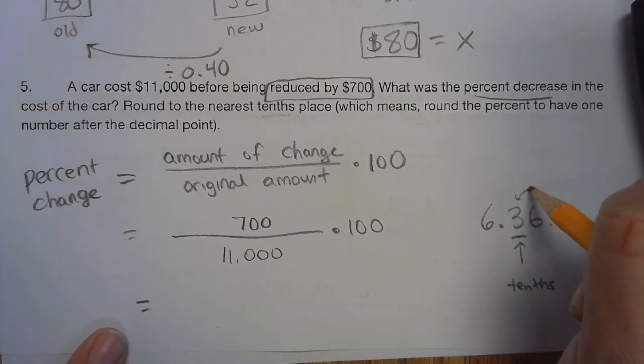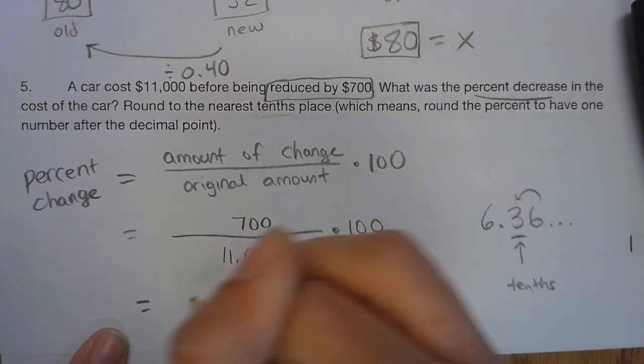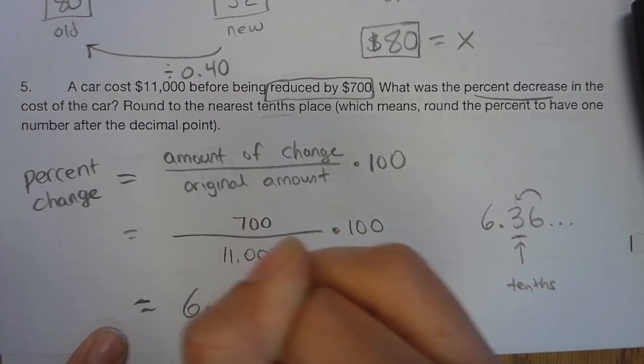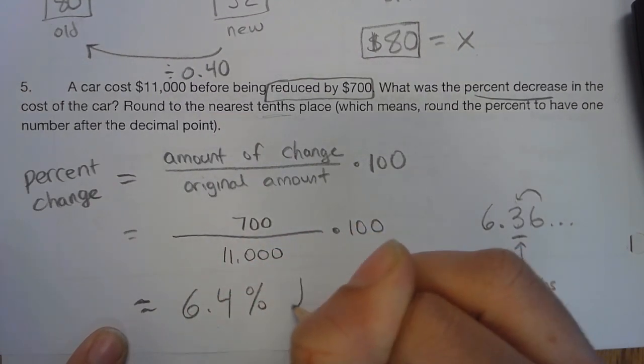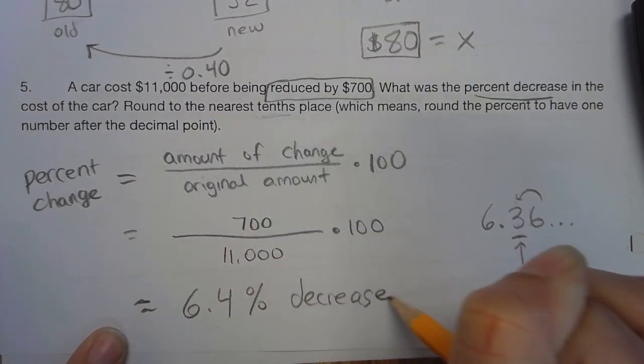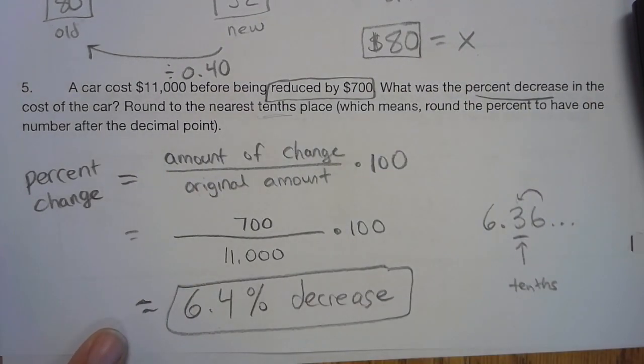In this case, the 6 rounds up the 3 to a 4, so it's about a 6.4% decrease. Cool. Beautiful.